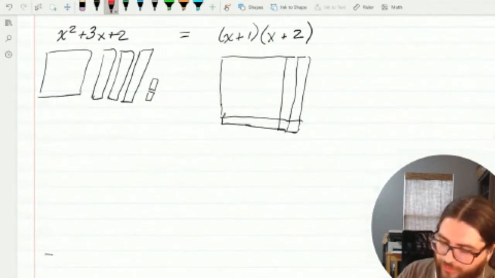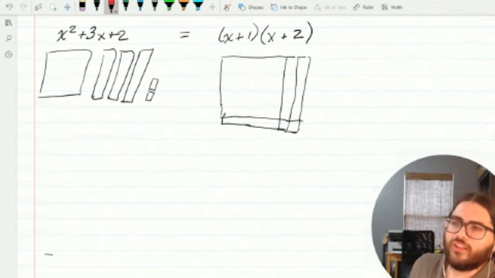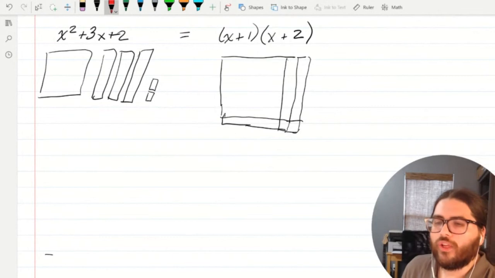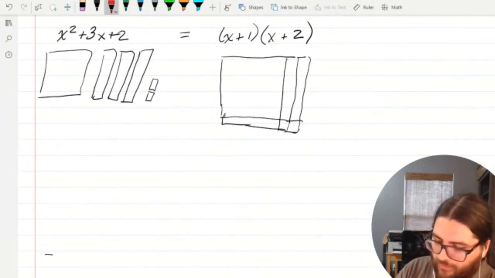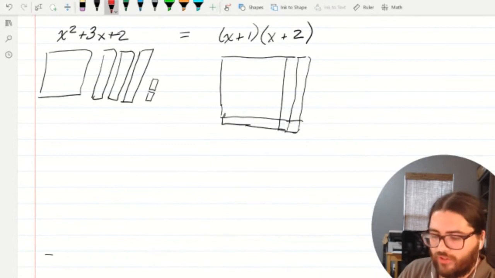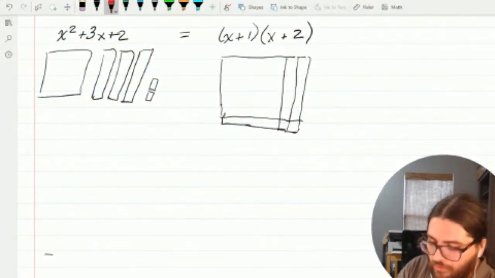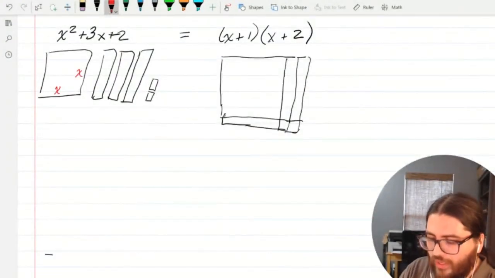All right, I've drawn a little picture here. If you've ever seen an illustration like this, this would be how we might look at factoring geometrically. These bars and these squares represent algebraic values.